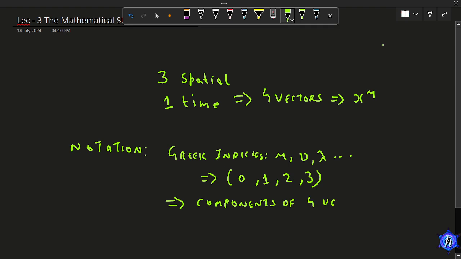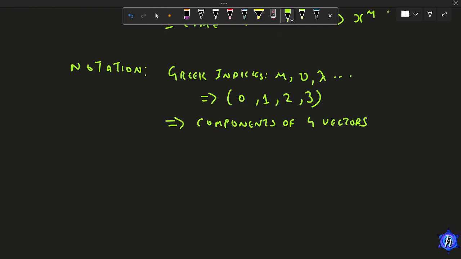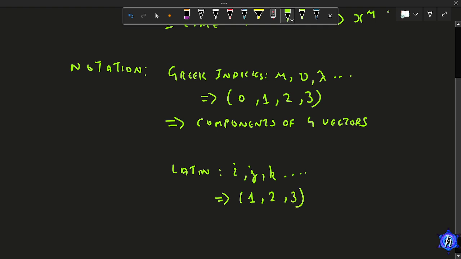as opposed to the Latin indices. They include letters such as i, j, k, and so on. They take the values 1, 2, and 3. They do not take the value 0. I want to be very clear with this.